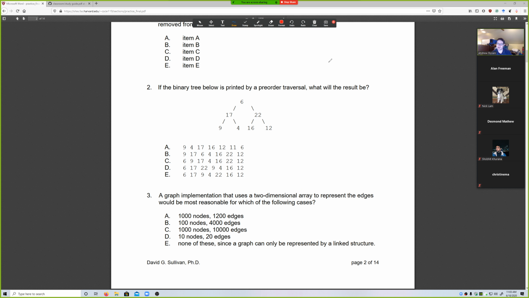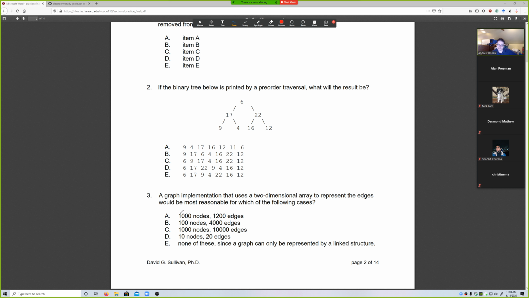So does anybody remember what the magical cutoff point is for what percent of possible edges need to exist that we decide to use dense over sparse? The answer is about 25% of all possible edges need to be filled. So if you could fill a quarter of the adjacency matrix's cells, then you want to use an adjacency matrix over an adjacency list. That's kind of the cutoff point there.